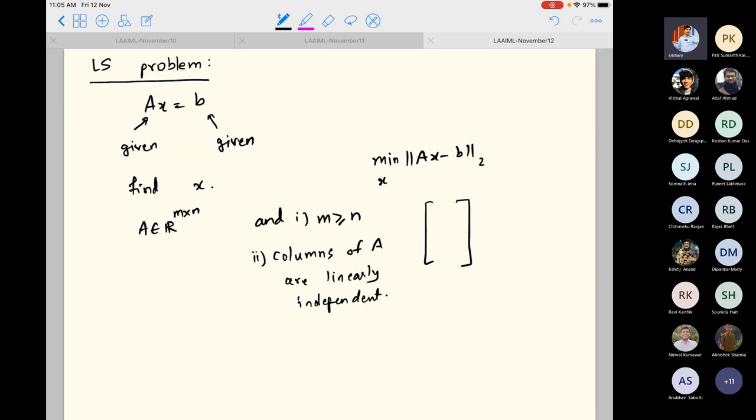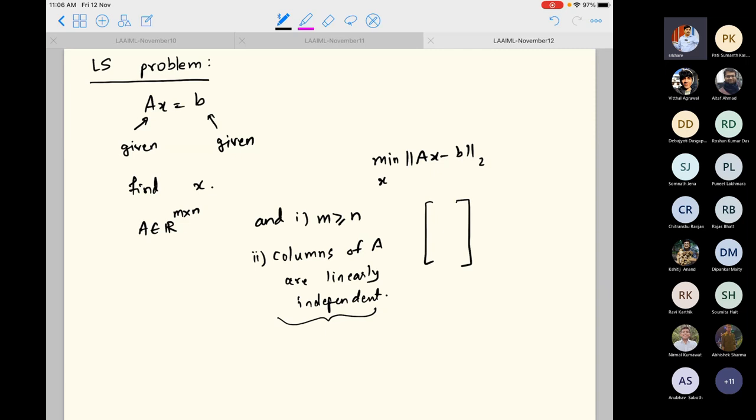We had proved that this condition is equivalent to invertibility of the Gram matrix, and then you can write down the least squares solution in terms of the inverse of the Gram matrix. We call that the pseudo inverse. I hope you remember all those things. This is something that we had already done. We had discussed computationally efficient ways to construct the solutions and so on.